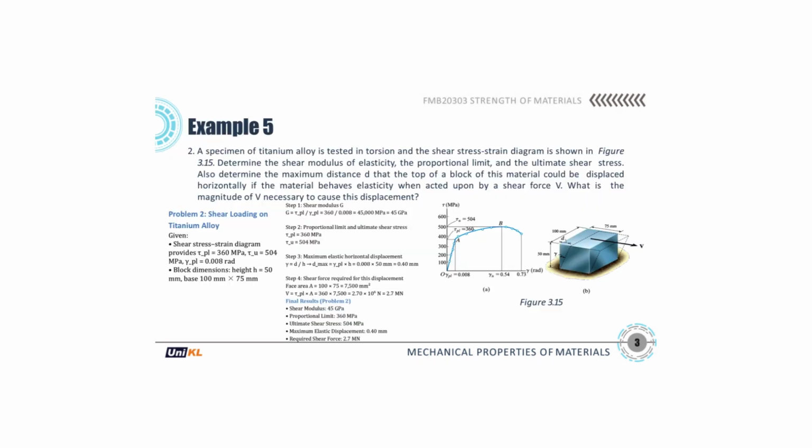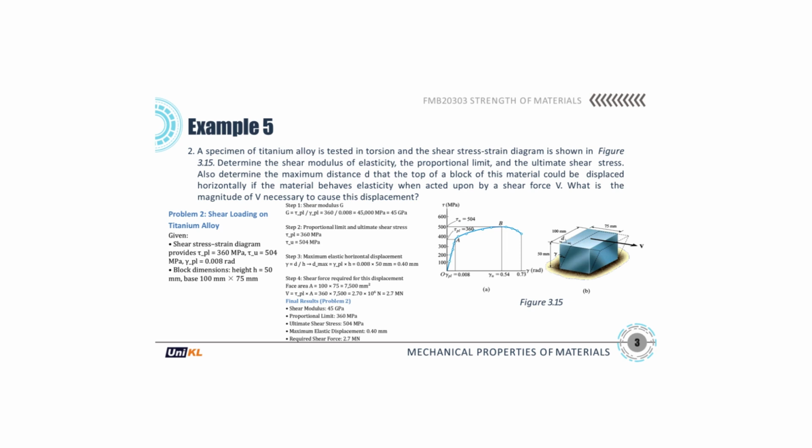Worked example 2: shear on titanium, Figure 3.15. Given τ_pl equals 360 megapascals, τ_u equals 504 megapascals, γ_pl equals 0.008 radians, block H equals 50 millimeters, base 100 times 75 millimeters.